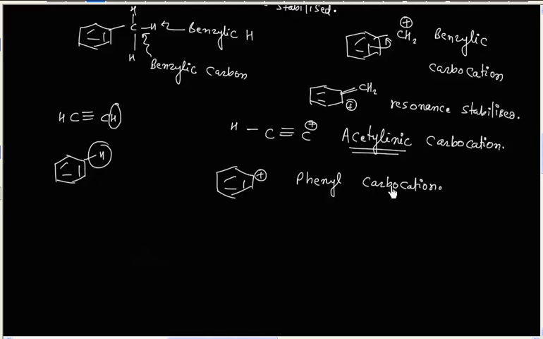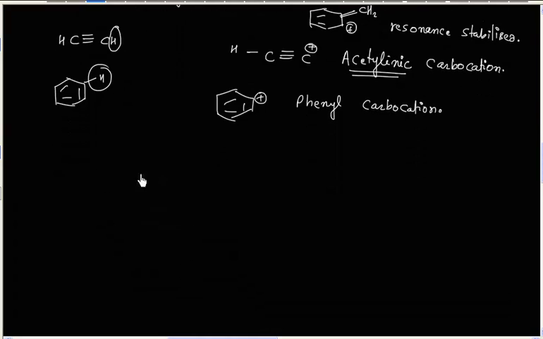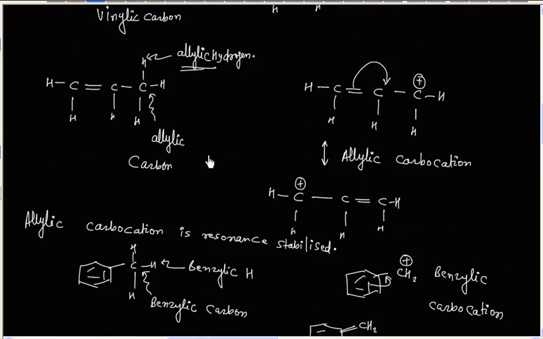Now in general, the hybridization of carbocation is sp2, but this is not always true. Let us see.